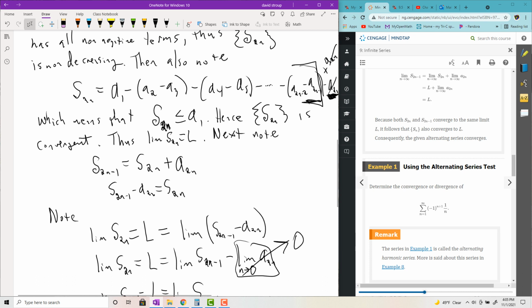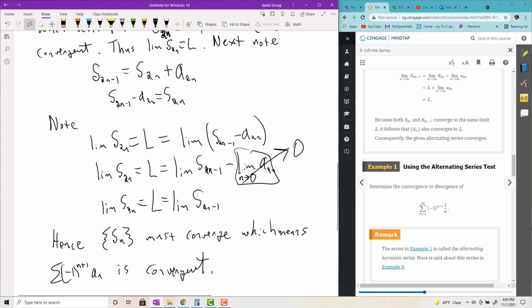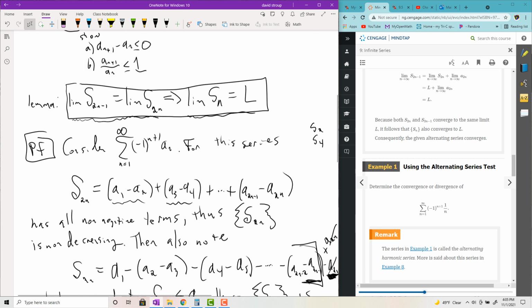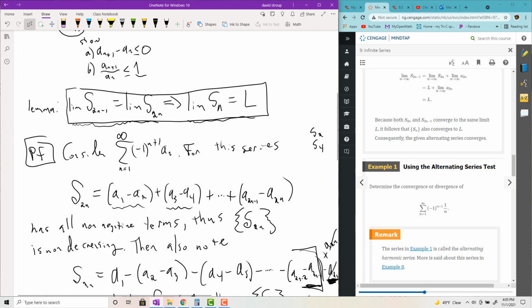Then we could play a little bit of algebra and do a limit here, plus the idea that the terms go to 0 gives us that the overall sequence converges, assuming that you accept the lemma that if the even and odd terms converge, that implies the overall sequence of partial sums converges. Okay, so there's that. And in practice, it's a bit easier.